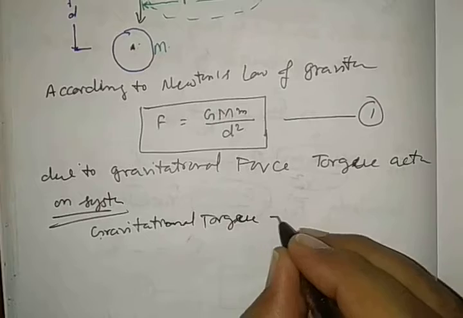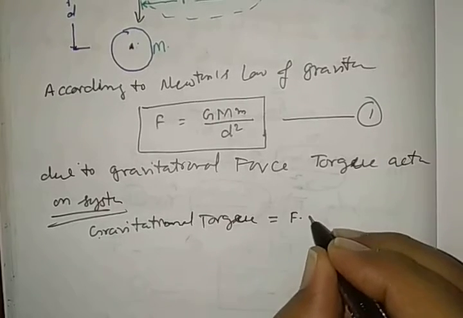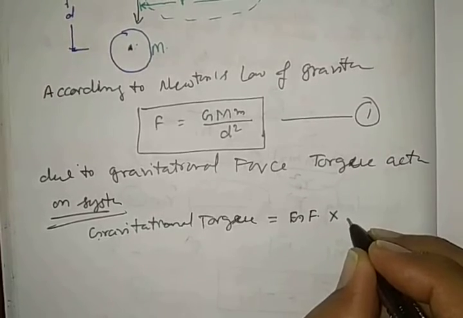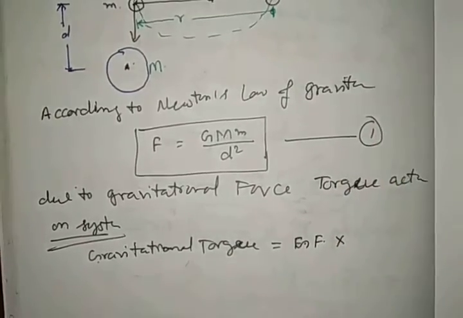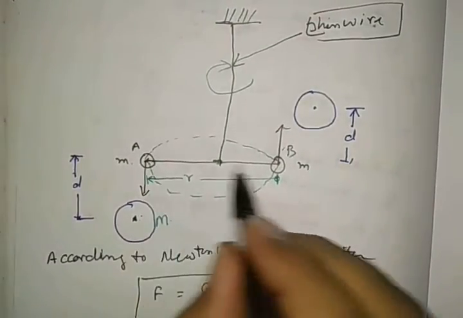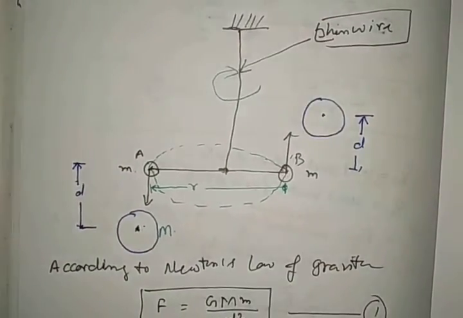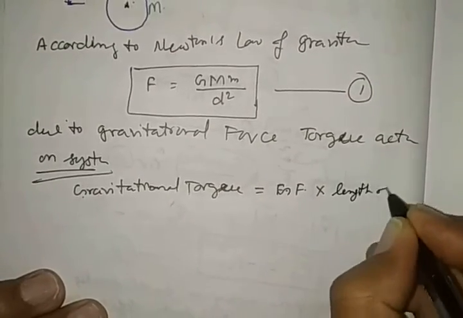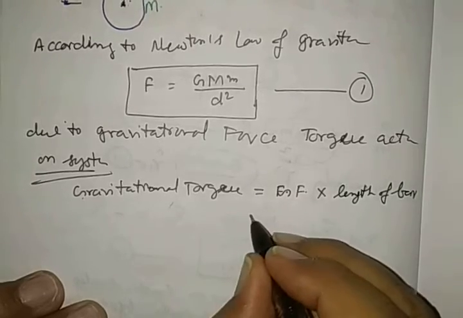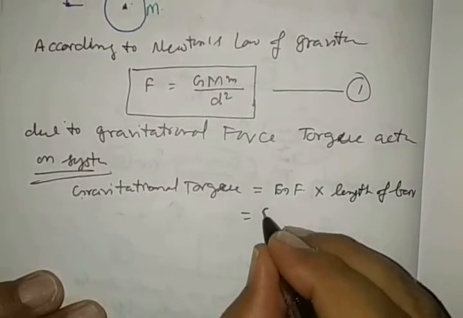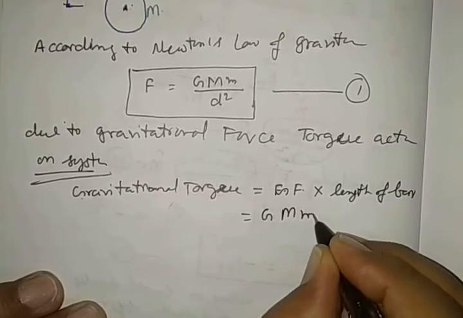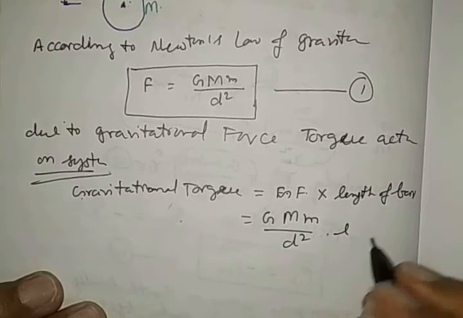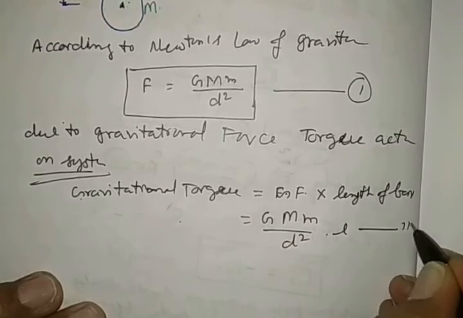Gravitational torque is equal to gravitational force times distance. What is the distance here? See in the diagram. Length of bar, L, is given here. So the gravitational force is given by the formula G M m / d² times L. This gravitational torque is given by this. It is represented by equation number 2.